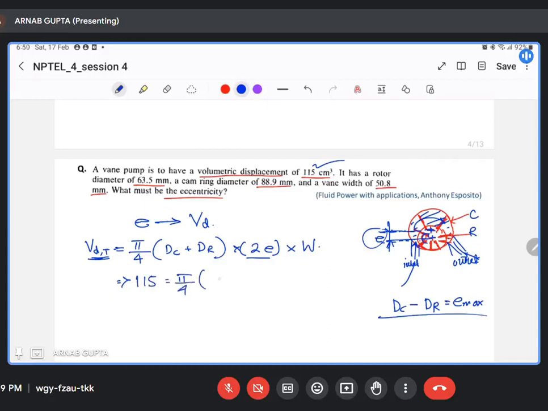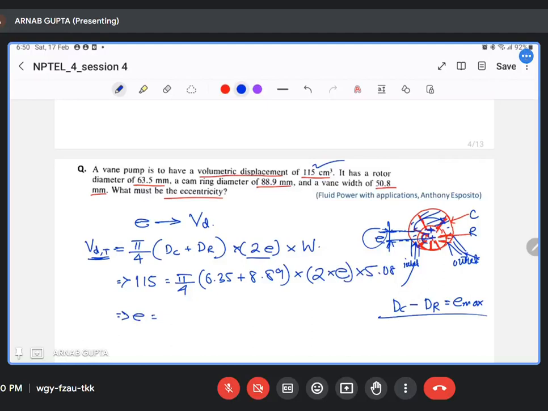Pi by 4 into (dc plus dr), so 6.35 plus 8.89, into 2E into W, which is 5.08. What will be the value of E here?